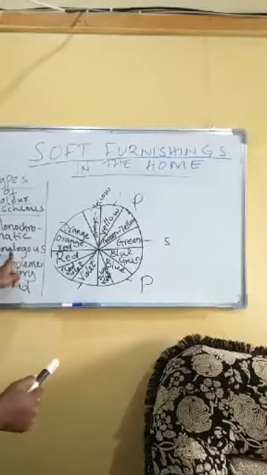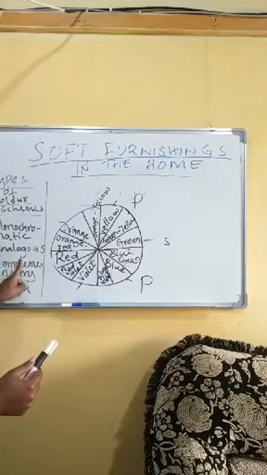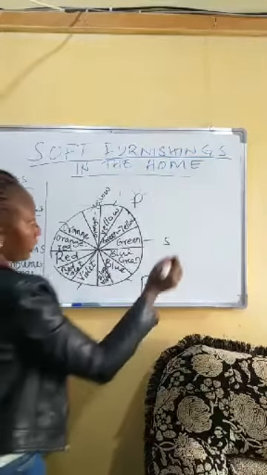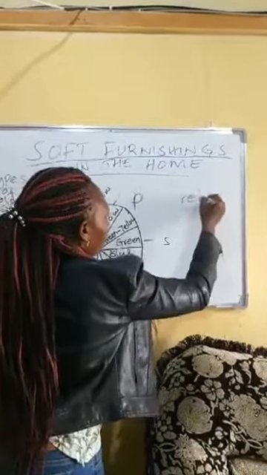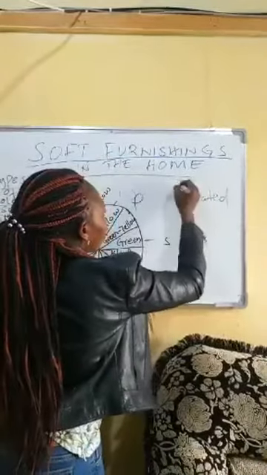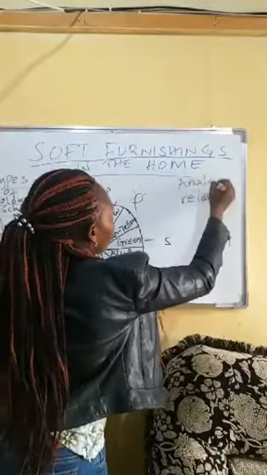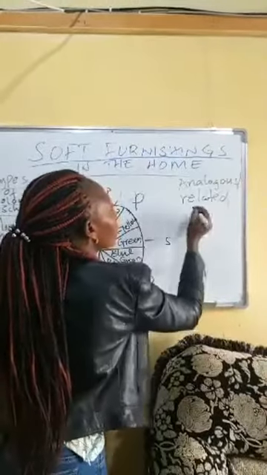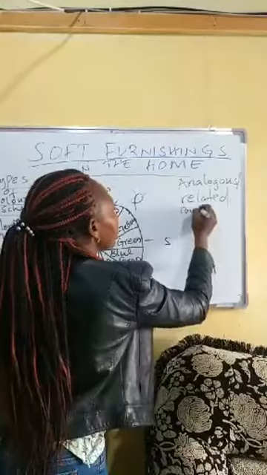The analogous color scheme is also known as the related color plan. So we call it analogous or related color plan.